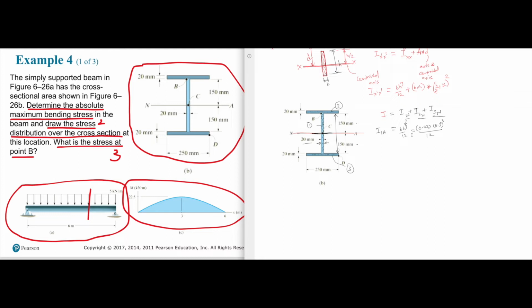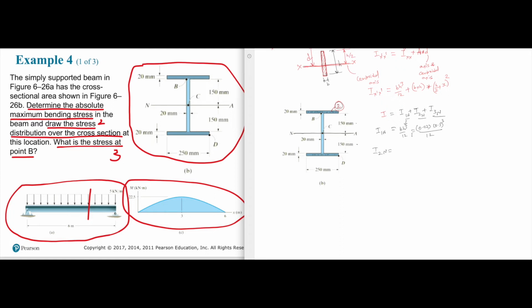What is the moment of inertia of the second shape? This is the second shape. So we need the moment of inertia of the second shape with respect to the neutral axis. The neutral axis is here and the second shape is here. We have to apply the parallel axis theorem.